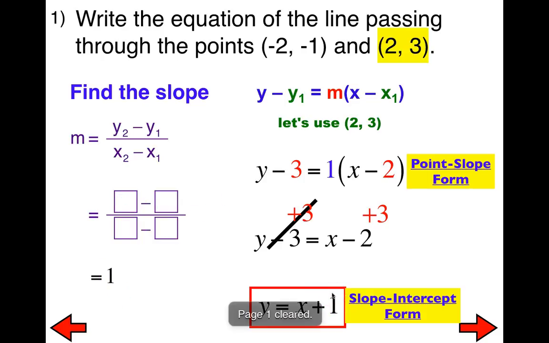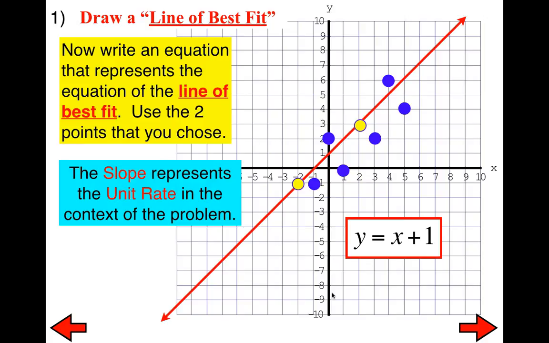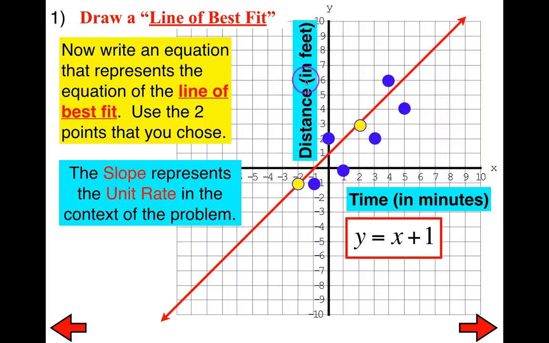So now that I have both of these, now that I have my equation, let's take a closer look at what this all means. So first of all, the slope represents the unit rate in context of the problem. So let me give you some context. If I said x is the time in minutes and the y-axis represents distance in feet, what is the slope?